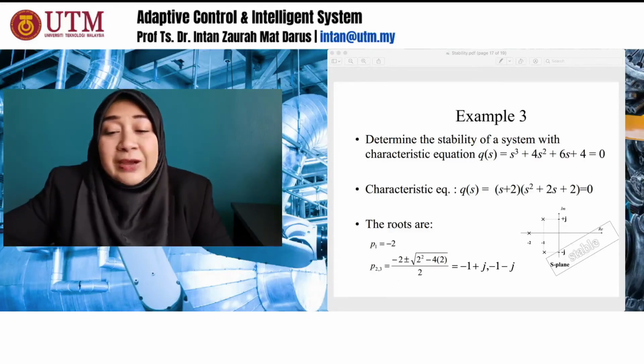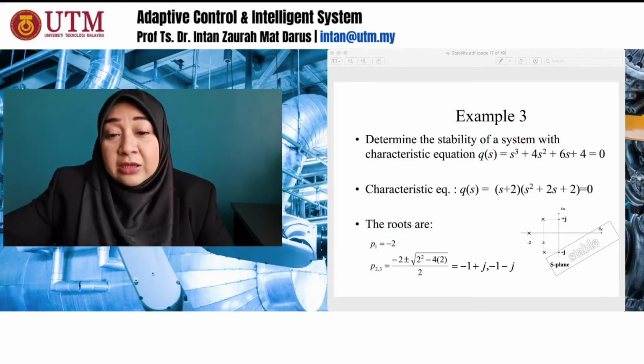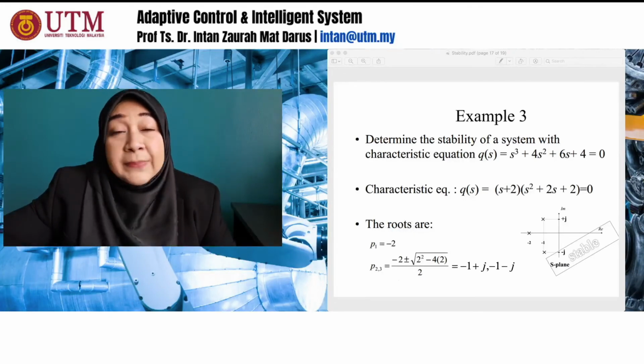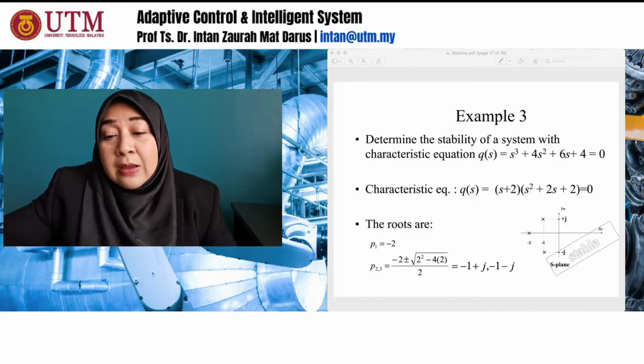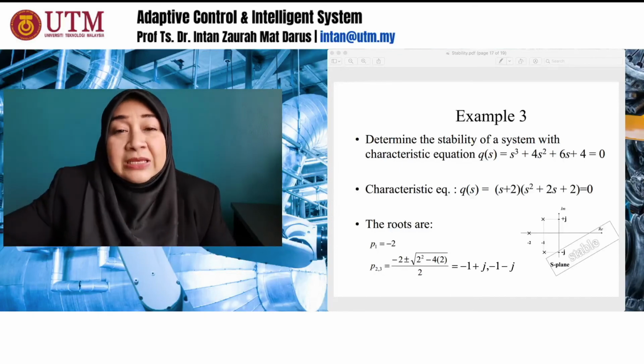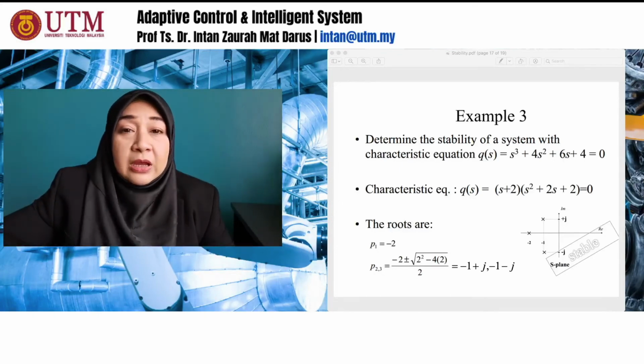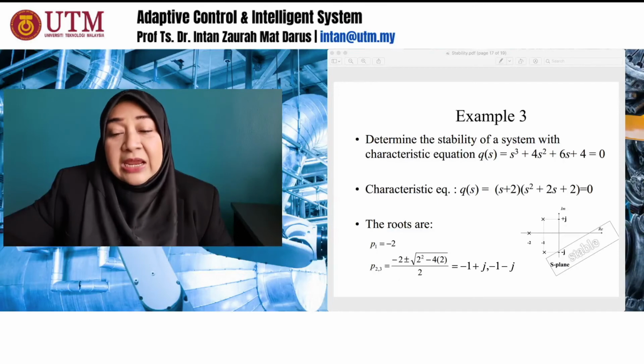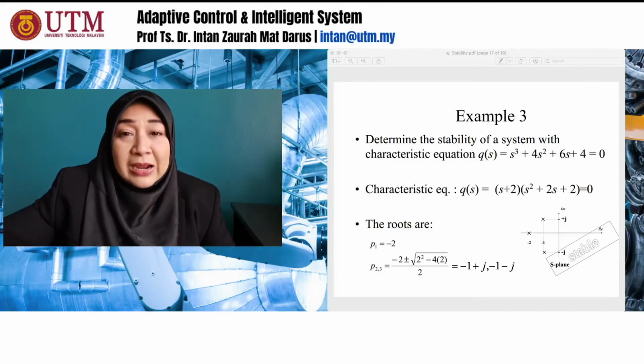So then I'll find the roots of my characteristic equation: P1 is equal to minus 2, and P2 and P3 come from the complex roots of s squared plus 2s plus 2. It will give me negative 1 plus j and negative 1 minus j.